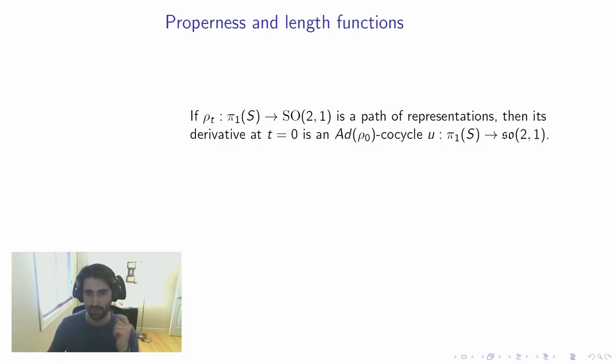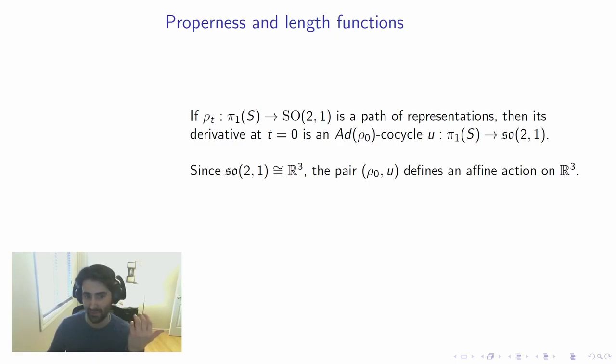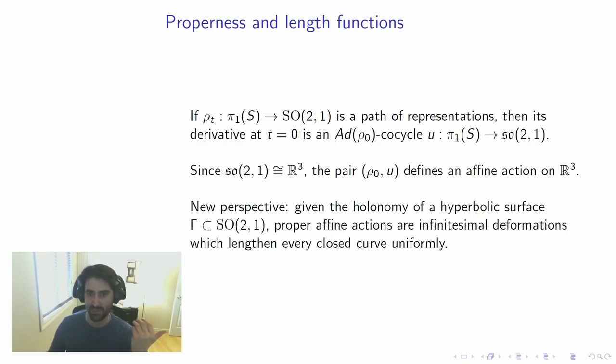If you take the derivative of this function in the direction of a vector, this vector will be given exactly by a cocycle, so it will correspond to some affine action with linear part rho 0. And the derivative of the length function is precisely the Margulis invariant.